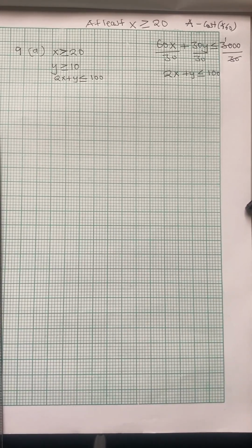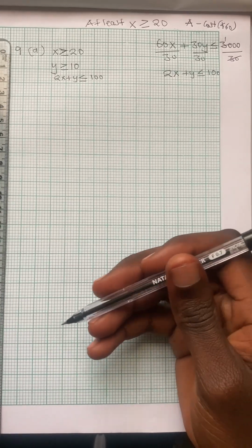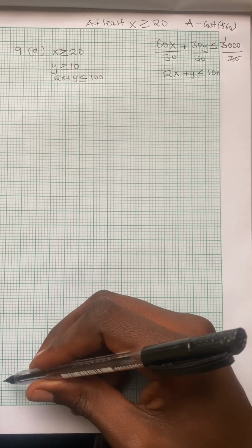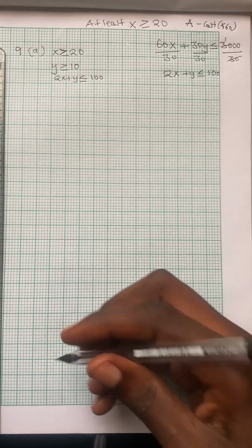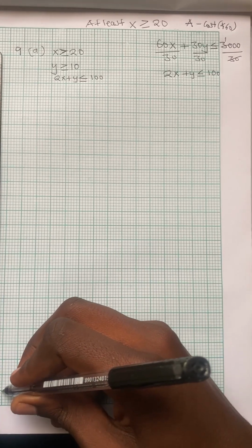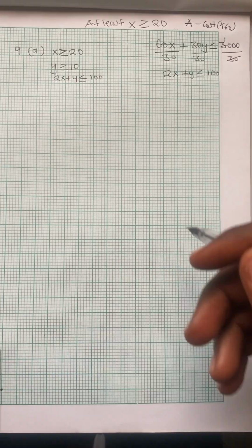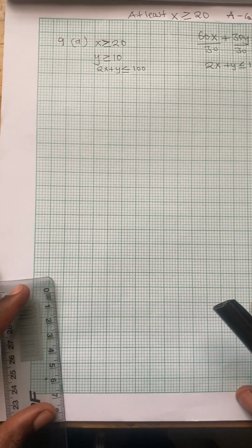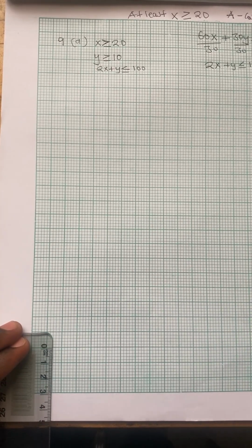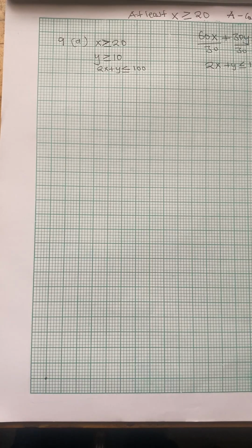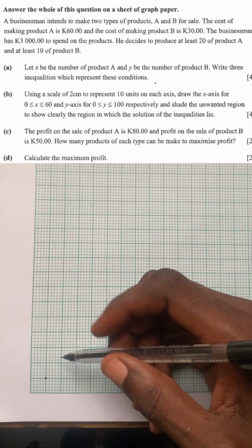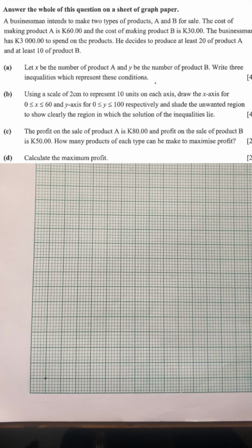So let's say we decide to start from here. 2 centimeters is 2 boxes. So we'll measure from 0 to 100 along the y-axis, and each 2 centimeters represents 10 units.